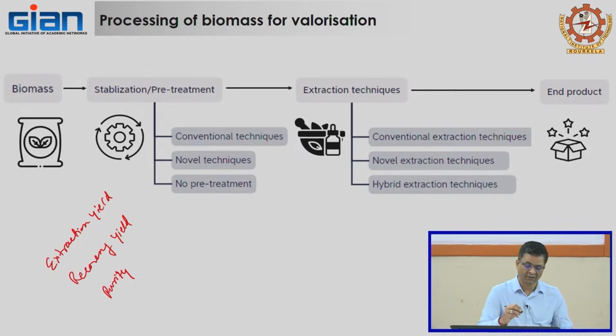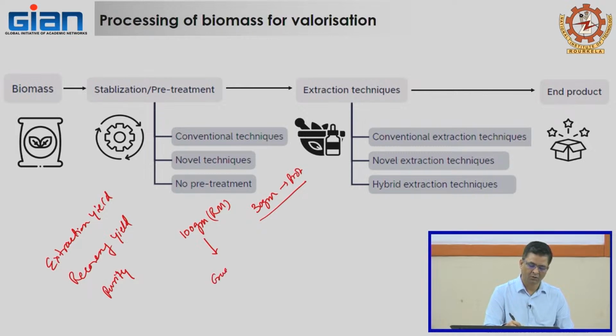of definitions related to this. Suppose you have 100 grams of raw material and it contains 30 grams of protein, yeah, and this is your target to extract the protein, yeah. Now, you use whatever technique you used and you get your crude extract, yeah.